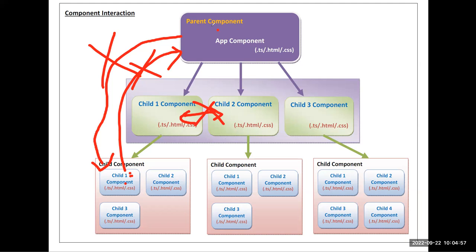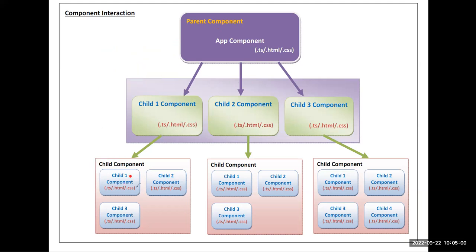Okay. If you want to send data to the child of child 1 from your app component, my requirement is that I want to send that. So how can you send that data? You first send the data to this child 1. Then this child 1 can send this data to its child. In this flow, you can send the data.